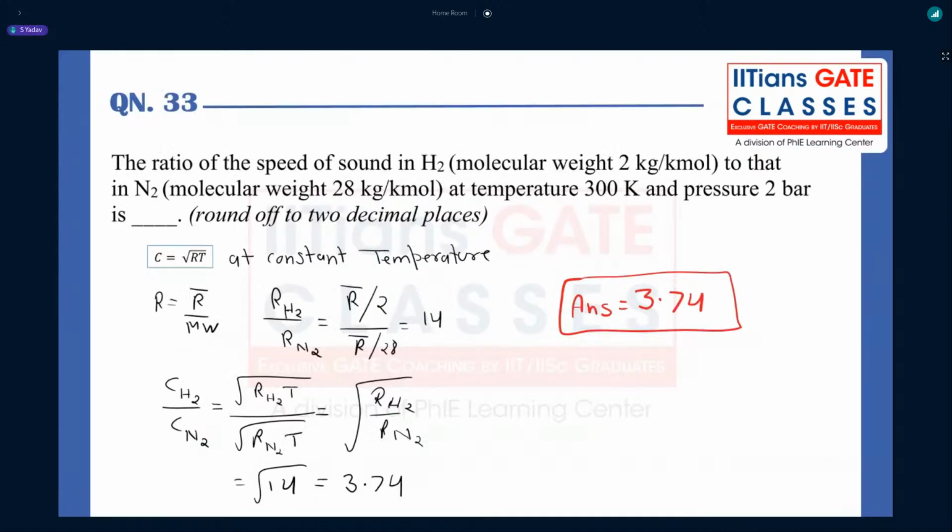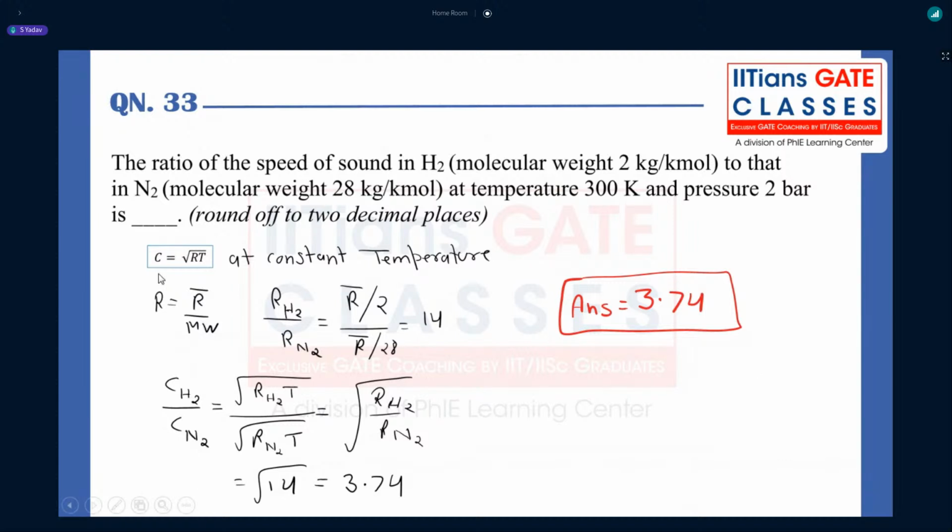So we had question number 33. The question was to find the ratio of the speed of sound in hydrogen, whose molecular weight was given, and nitrogen, whose molecular weight 28 was given, at temperature 300 K and pressure 2 bar, and you are supposed to give the answer rounded up to two decimal digits.